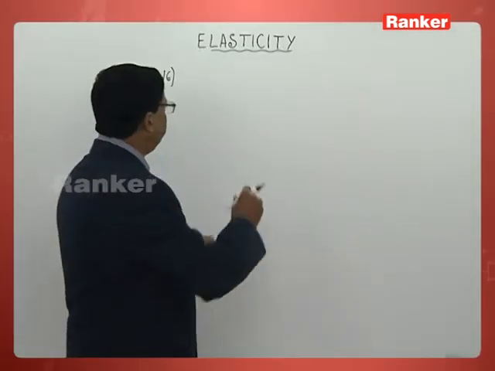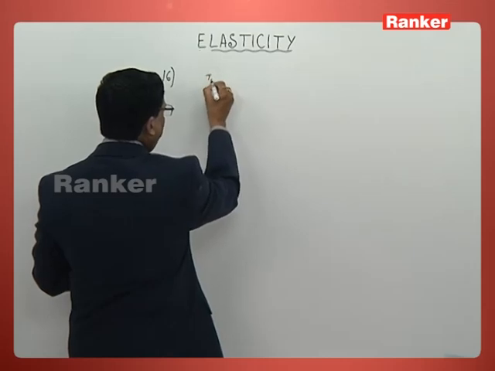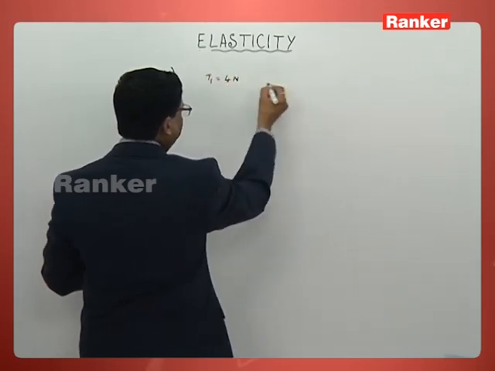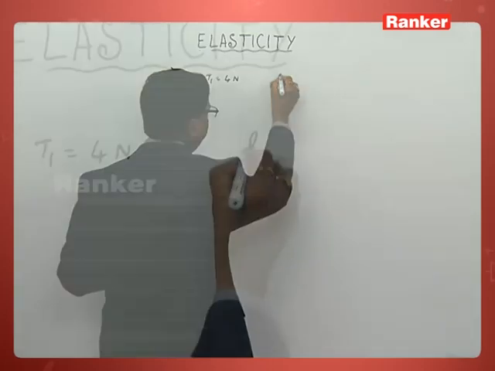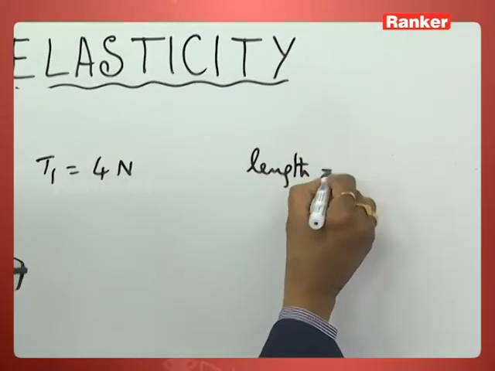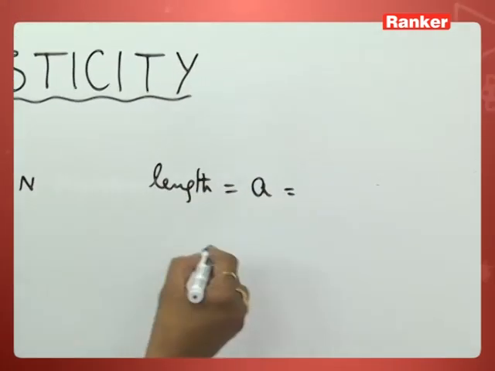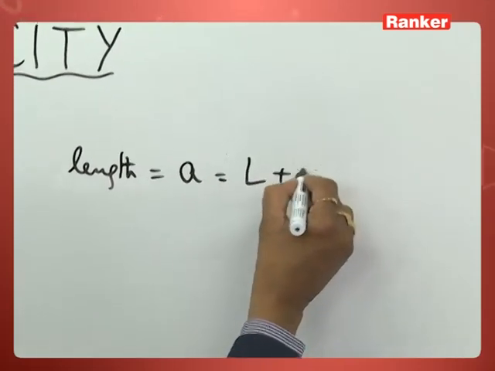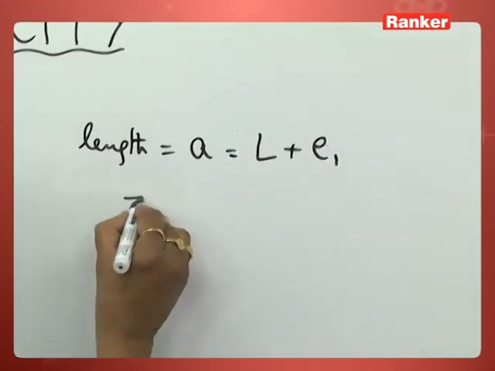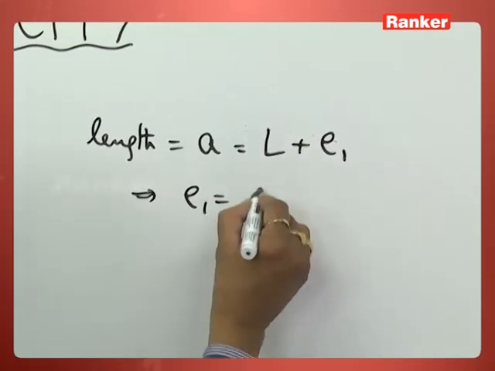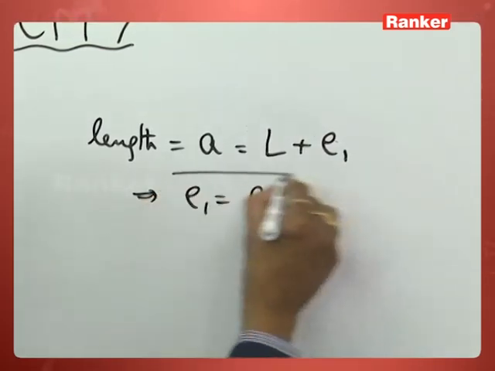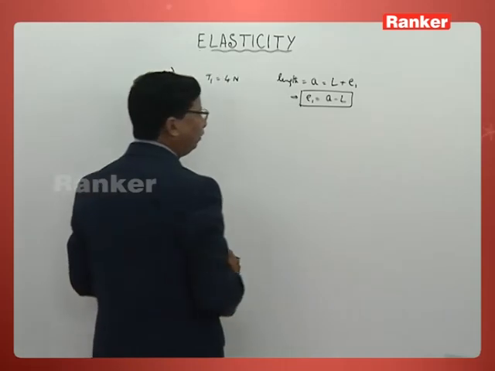He is just saying that when tension 1 is 4 Newton, the length is given as A. Length is given as A means what, officially? It is L plus elongation. So you can write elongation 1 is equal to A minus L, where L means original length.